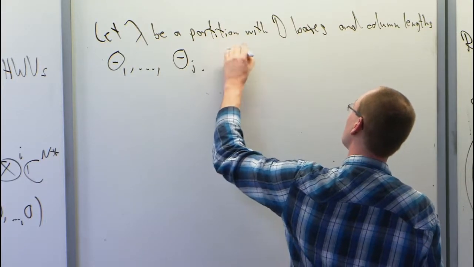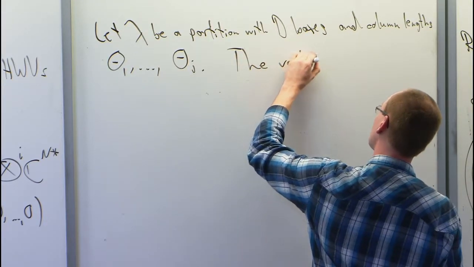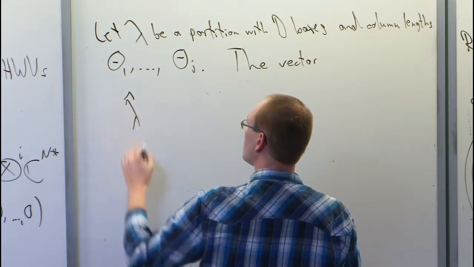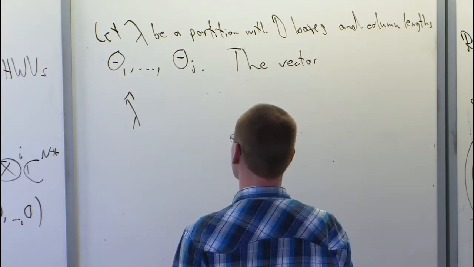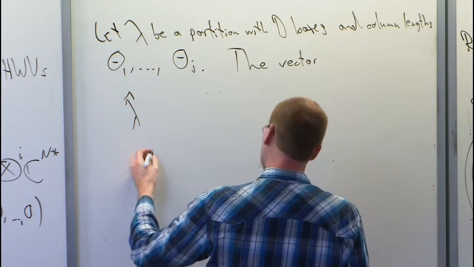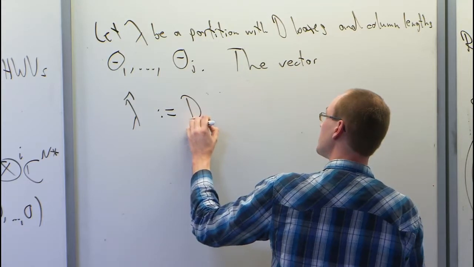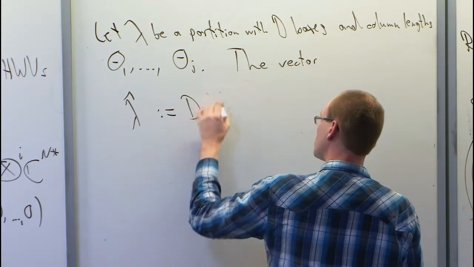Then the vector, which I want to call lambda hat, is defined as the tensor product of these determinants.